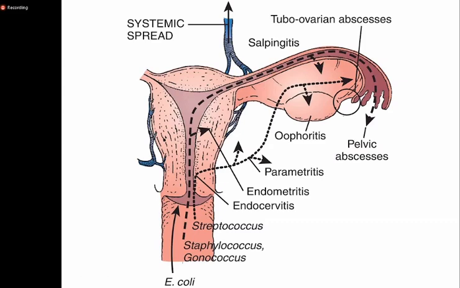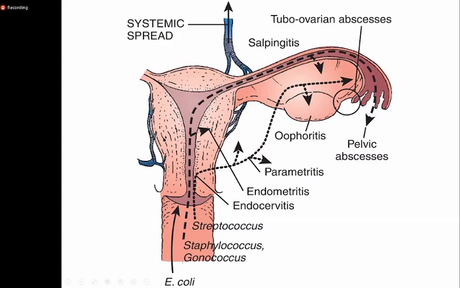So lots of possibilities in terms of microorganisms, then ascending into an endocervicitis, endometritis, can involve the parametrium, and then all the way through the fallopian tube to give us salpingitis, and then finally end up with an oophoritis.